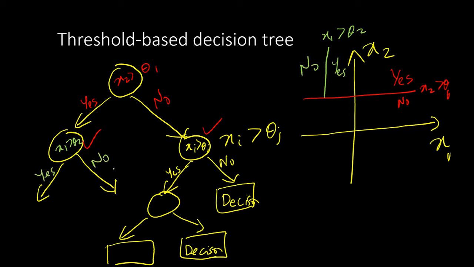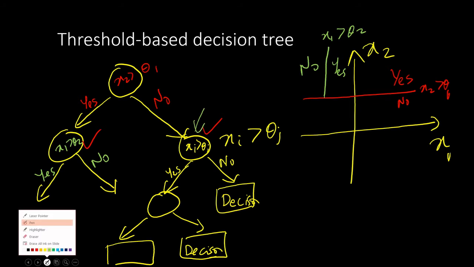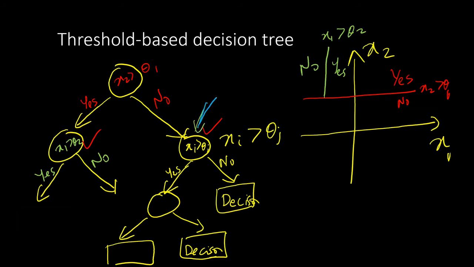Similarly on this side, the next division for this node need not be x1, it could even be x2. Let's take a blue color. So we have another x2 greater than theta 3, where theta 3 is some parameter, some threshold. Now we have yes here and no here.